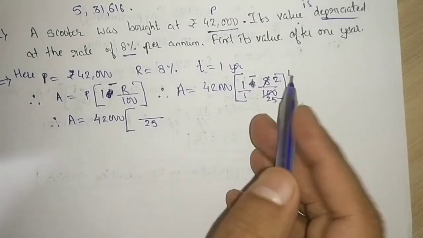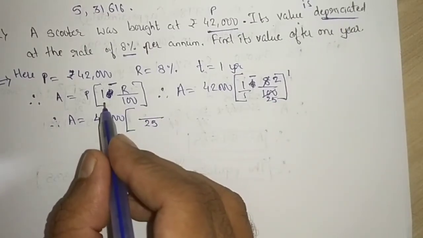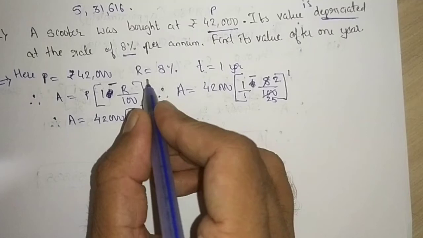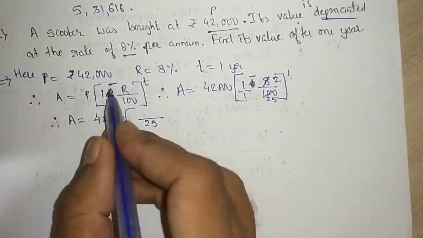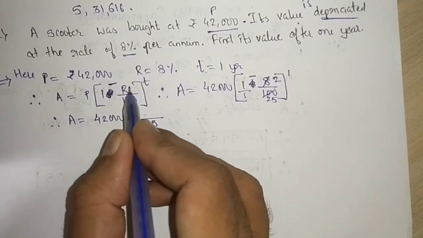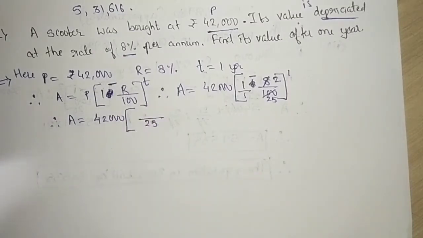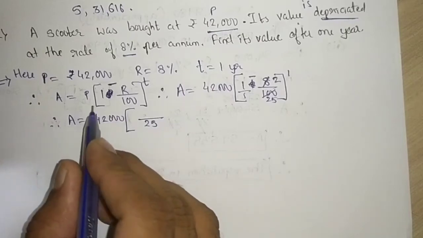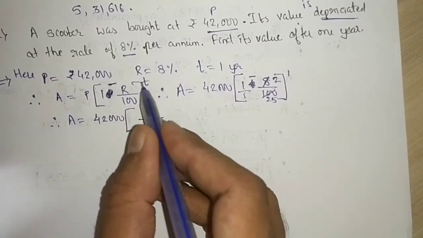So please, whenever the value is decreasing, you will take the amount formula as A is equal to P, that is principal, into bracket 1 minus R divided by 100, whole raised to power T. Again, whenever the value is decreasing at some rate, you will take amount is equal to principal into 1 minus R divided by 100 to the power T.